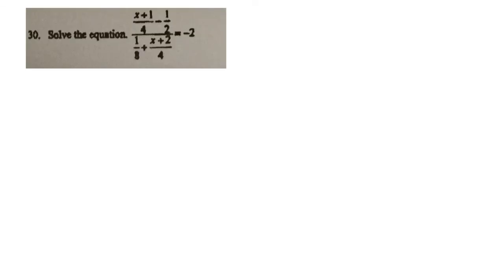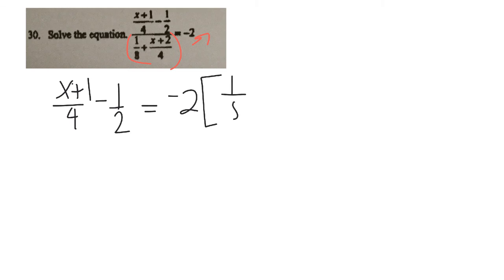All right, here we have the last problem. We have a complex fraction equal to negative 2. The way I see it is if I multiply the other side by the denominator, I can make this look a little bit easier for me. So I get x plus 1 over 4 minus 1/2 equals negative 2 times 1/8 plus x minus 2 over 4.